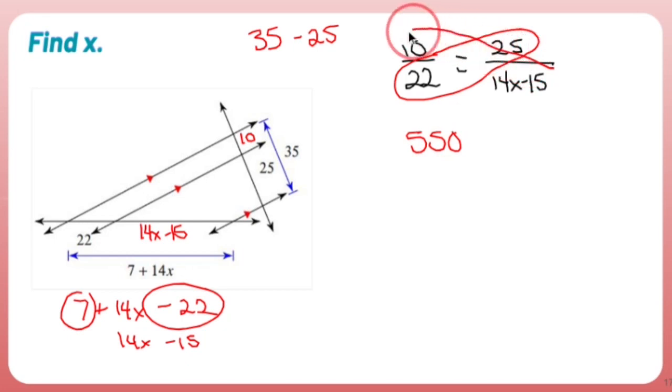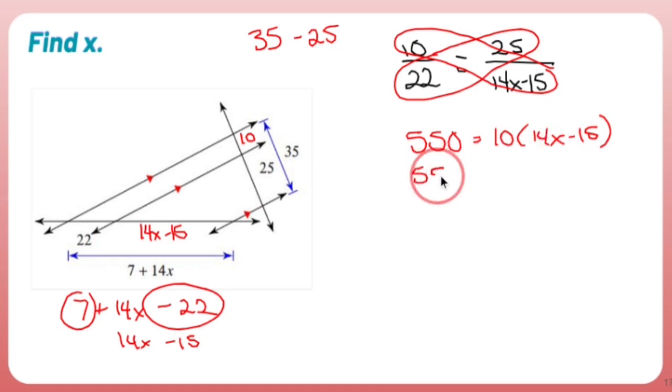We're going to set that equal to 10 times, a group, so I have to set up distributive property, 10 times 14x minus 15. So my first step in this problem is to do distributive property, so 550 just drops down. 10 times 14x is 140x. 10 times negative 15 is minus 150.